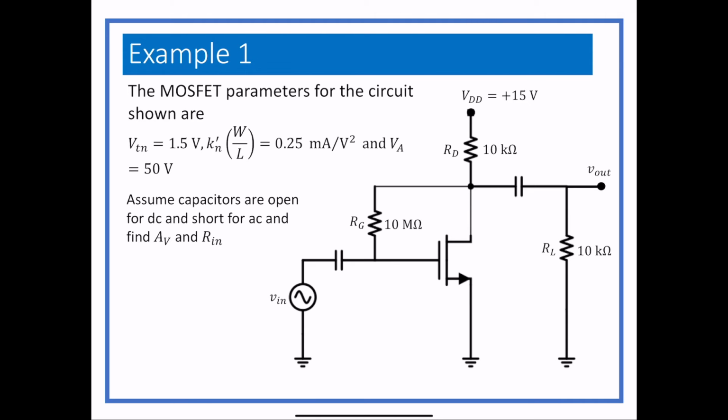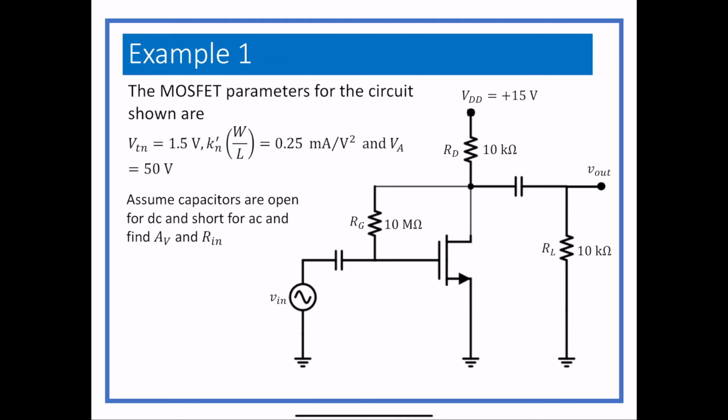We know that the source is connected to ground, so we can use one of the pi models, and lambda does not equal 0, so we have to use that one with RO. The capacitors in the circuit are assumed to be short for AC and open for DC. So they are of such a value that they don't affect the circuit as far as impedance goes.